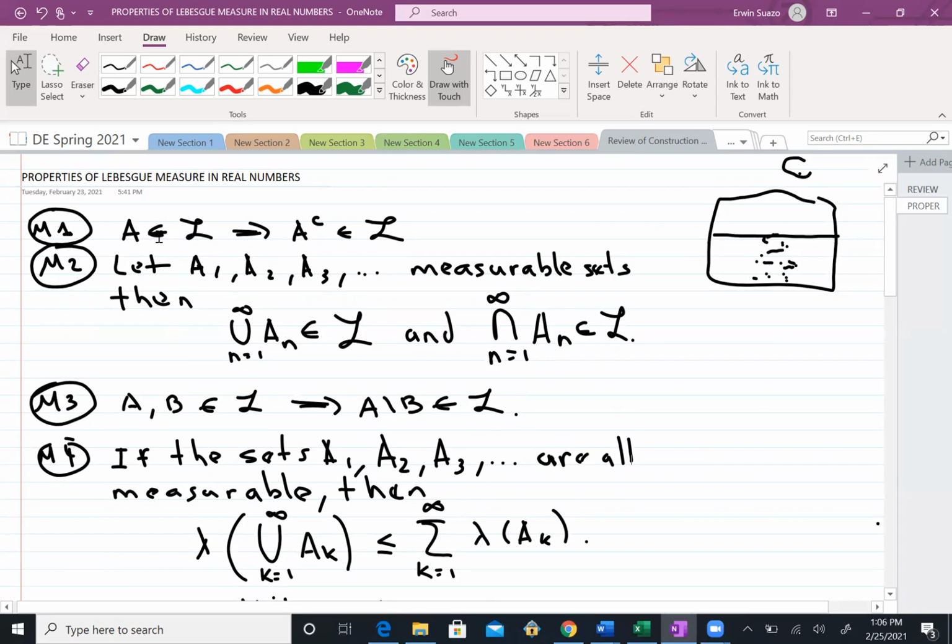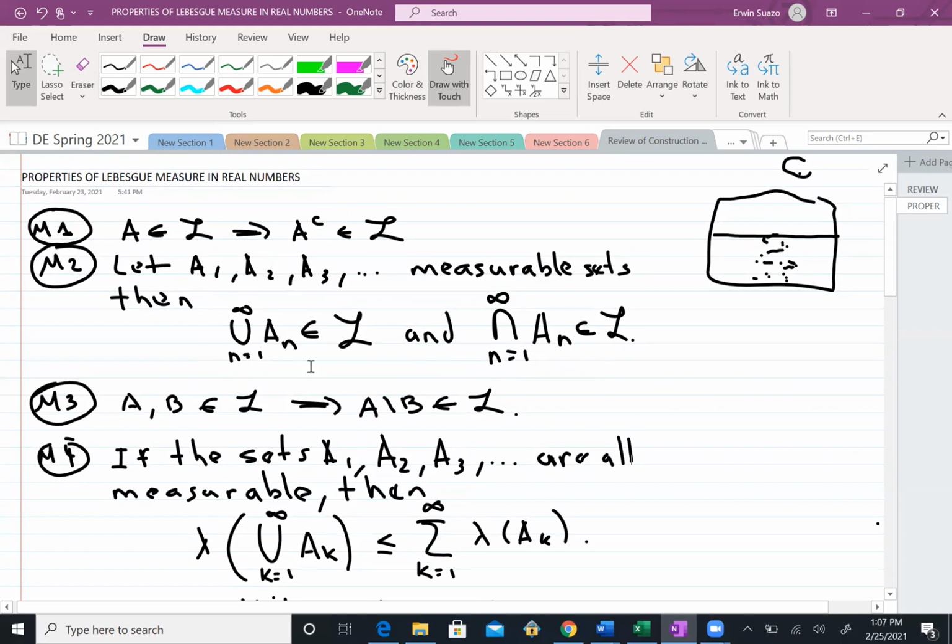Here the first property says that if A is Lebesgue measurable, then the complement is also Lebesgue measurable. Number 2 says that if you have countably many measurable sets and you take the union, that union is Lebesgue measurable, and if you take the intersection, that intersection is also Lebesgue measurable.